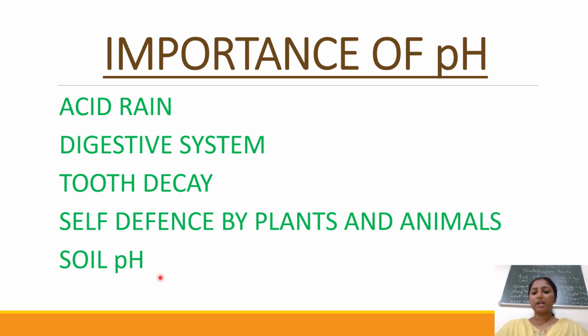For that, in a beaker or test tube we will take the soil from that particular crop production area and mix it with water, and after shaking it we will get a soil solution, right? By checking it with the pH indicator we can understand whether this soil is acidic or basic. According to that we can arrange the crop production. Okay, that's all about the application of pH in our daily life.